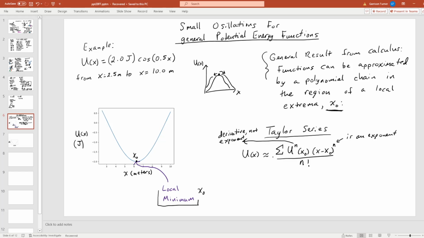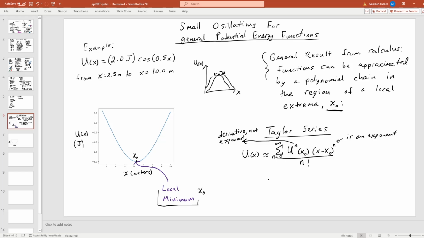And n starts at 0 and goes up to however high you would like. So the idea is you evaluate your first derivative, second derivative, third derivative, fourth derivative, etc. You find the local maximum or local minimum.